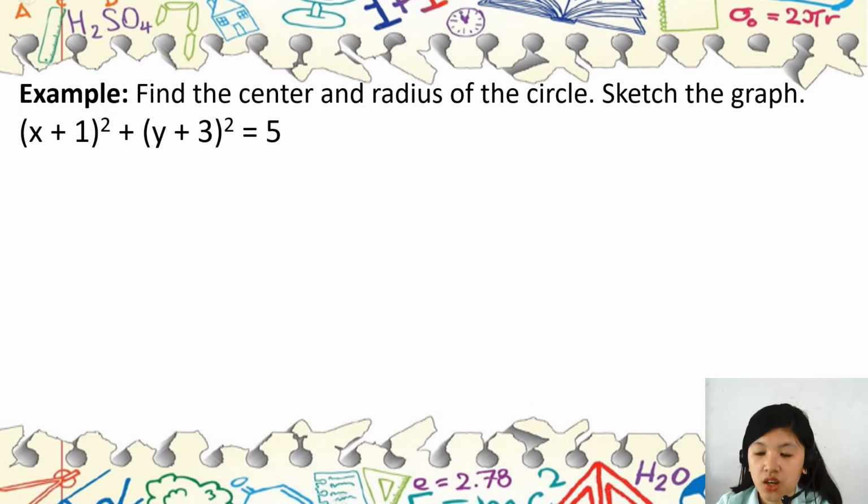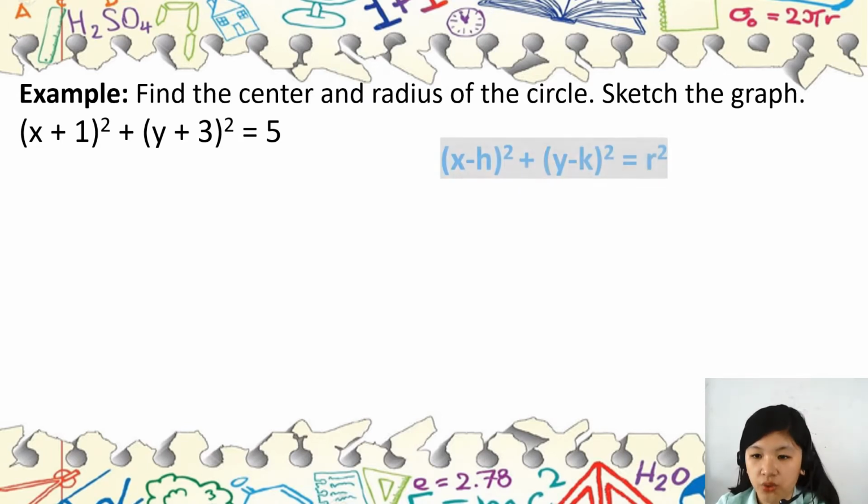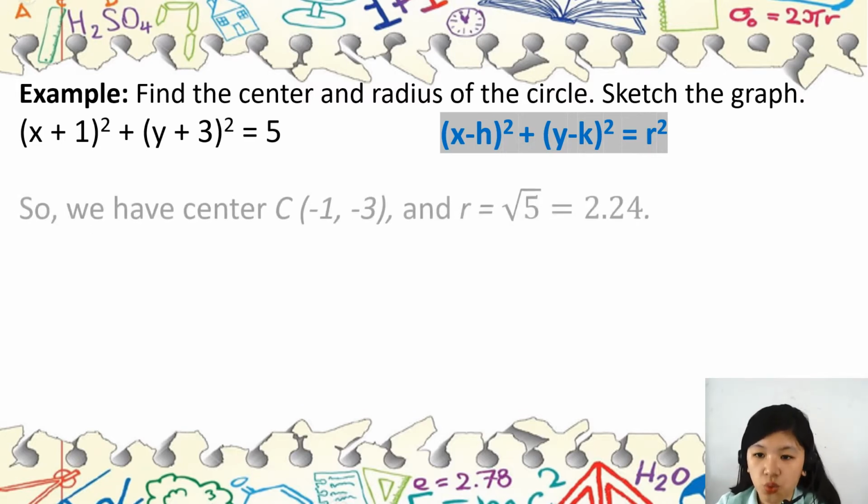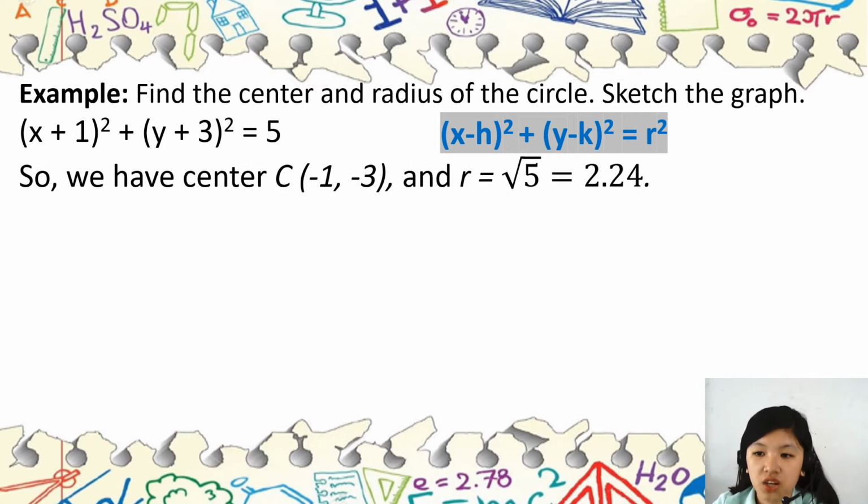So next, find the center and the radius of the circle and sketch the graph. We have here the example, (x plus 1) squared plus (y plus 3) squared equals 5. First, we use the formula (x minus h) squared plus (y minus k) squared equals r squared. We now have the center C equals negative 1, negative 3. Why? Because the center is h and k.